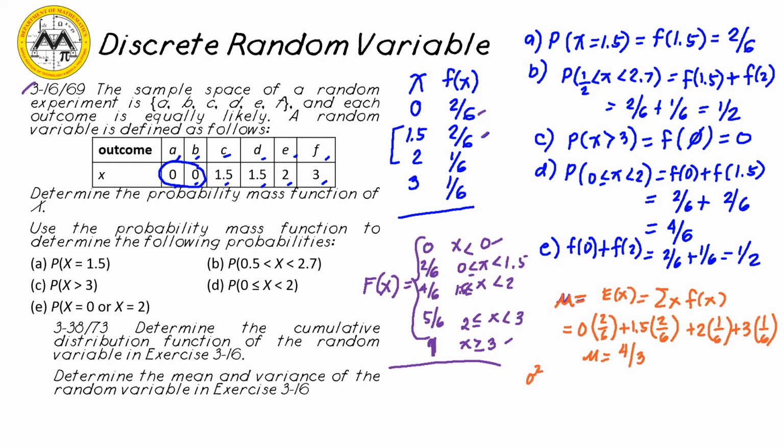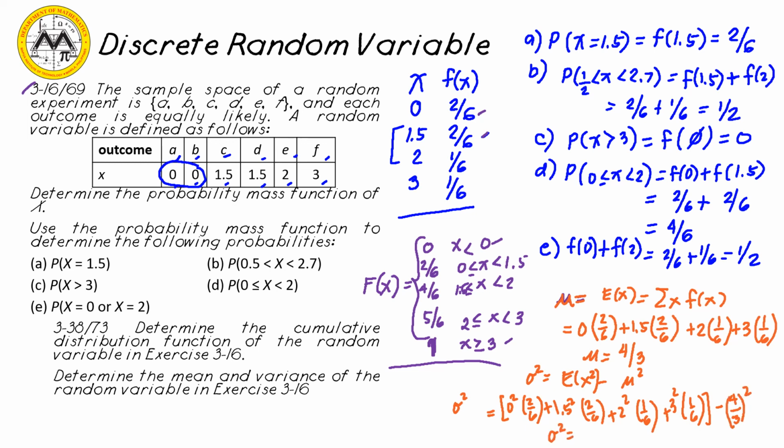For variance, we have the formula expected value of x squared minus mean squared. So the variance is 0 squared times 2 over 6 plus 1.5 squared times 2 over 6 plus 2 squared times 1 over 6 plus 3 squared times 1 over 6, minus 4 over 3 squared.